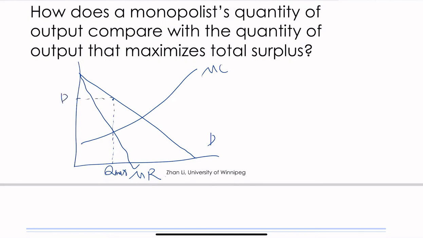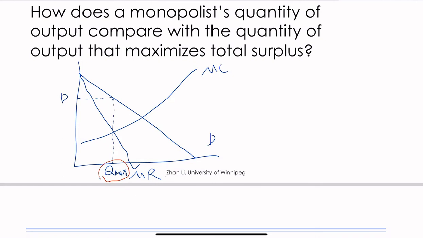So what's the question here? It says, how does a monopolist quantity, obviously this is the monopolist quantity, compare with the quantity that maximizes total surplus. We learned if we want to maximize the total surplus, we want to make sure price equals marginal cost.